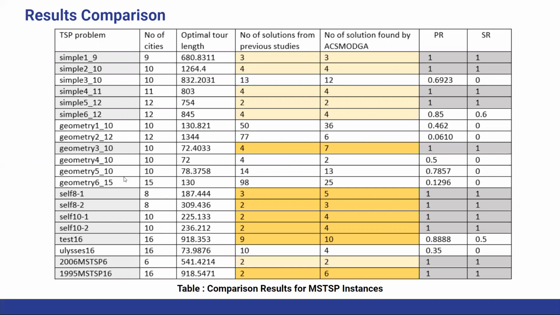These are the 20 TSP instances which I have used, and these are the number of cities, and these are the optimal tour length, and these are the number of solutions of the previous studies, and this is the number of solutions which my algorithm achieved, and these are the performance measure values.